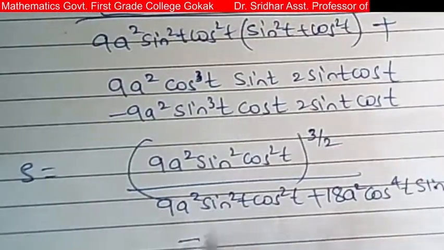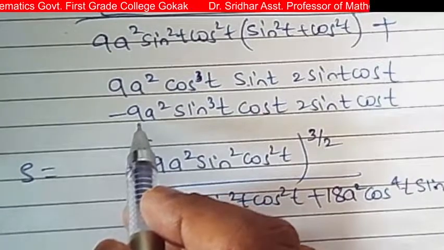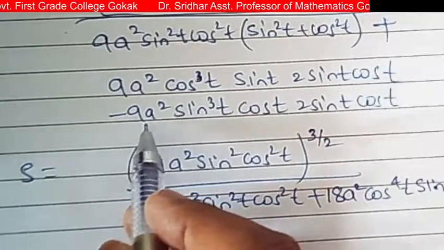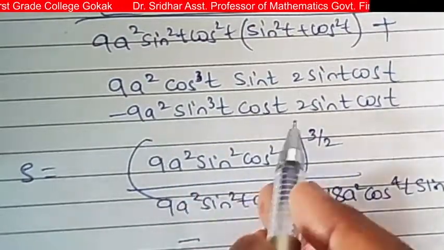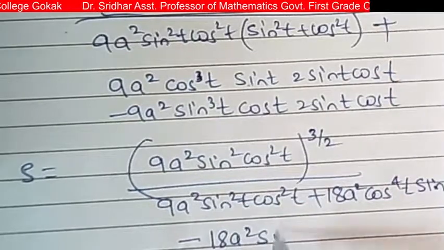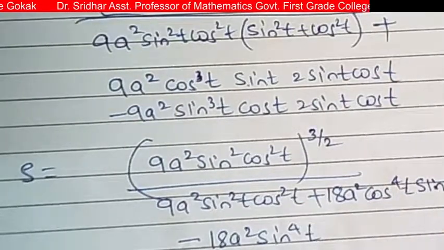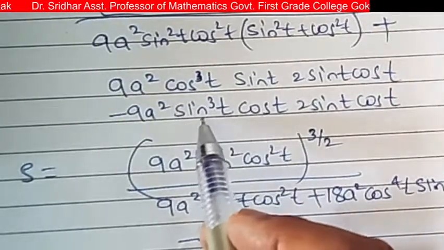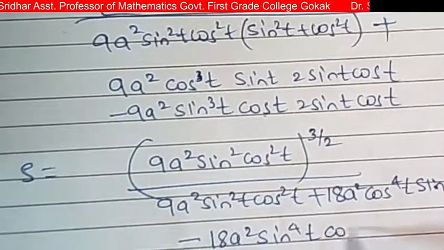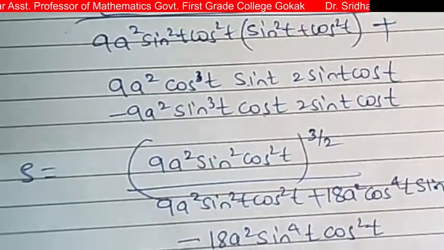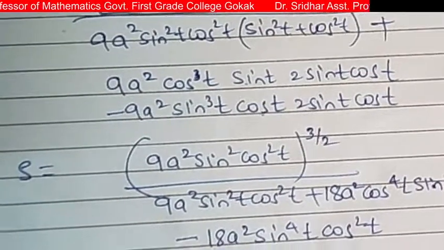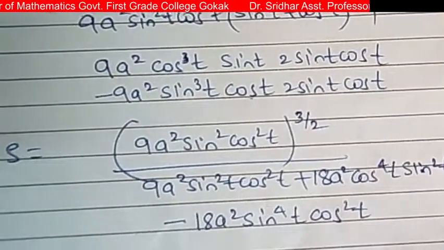Then minus, 9 into 2, 18a square, then sin cube into sin t, sin raised to 4t, cos t into cos t, it is cos square t. So like that I obtained this equation.